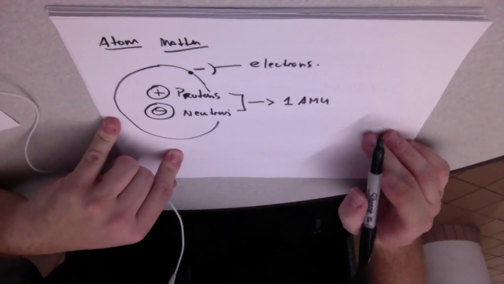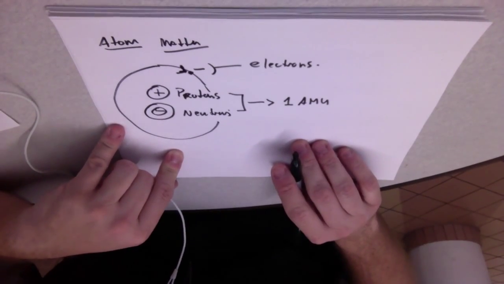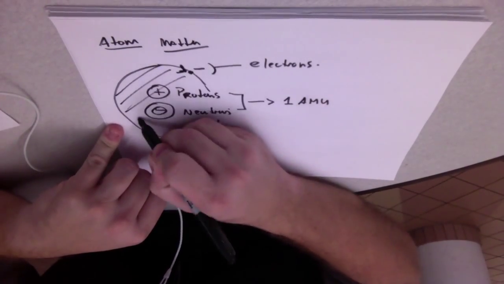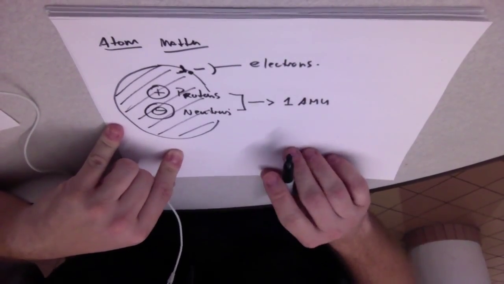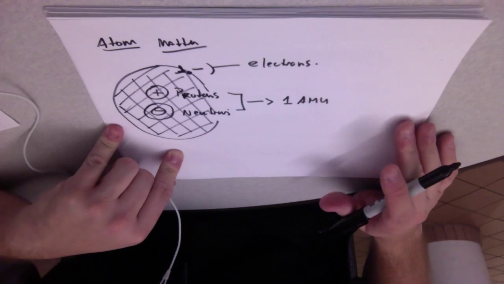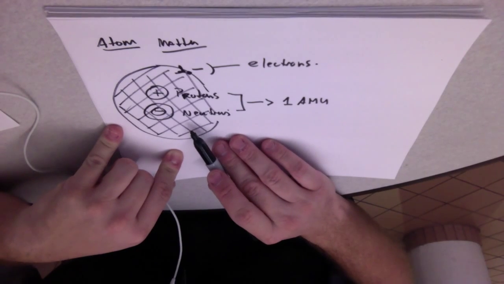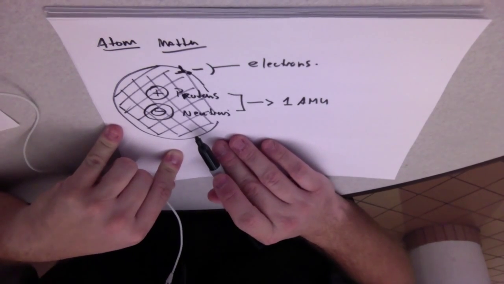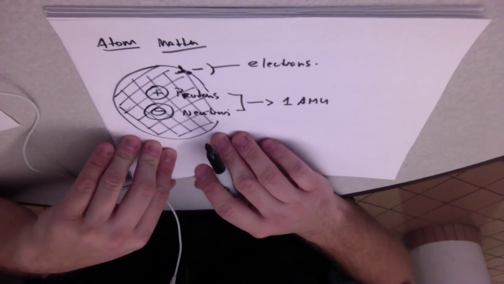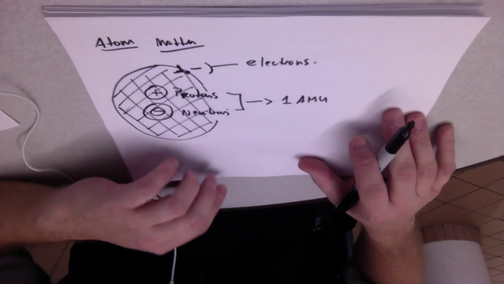We should say that the electrons don't orbit the atom like a planet orbits the sun, but rather, because these electrons have wave-like characteristics, they inhabit a volume around the nucleus in a cloud of probability, where it's more likely to find it in a certain area than another area, and we call that cloud of probability an orbital. These orbitals can have different energy levels depending on the atom, and we'll get to that. So those are the basic constituents of the atom.